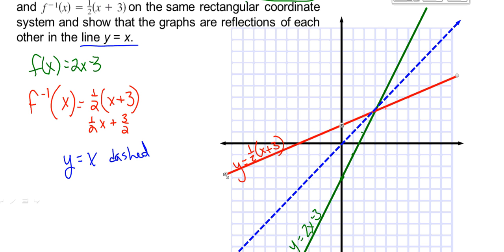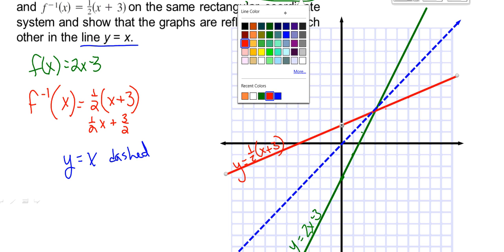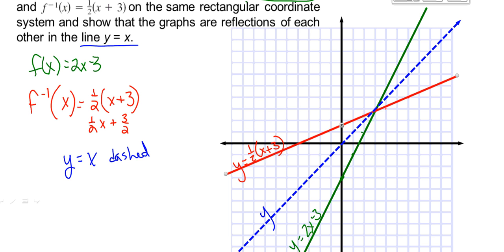So one thing I will tell you is when you're graphing this, if you have to graph the reflection over that line y equals x, you can graph the original function, and then graph this line y equals x, and fold it in half. I think I maybe mentioned to some of you that I didn't have a graphing calculator.